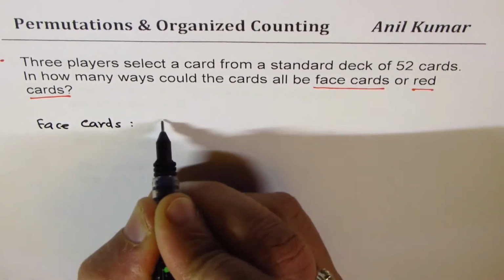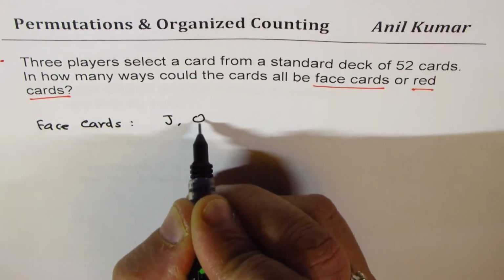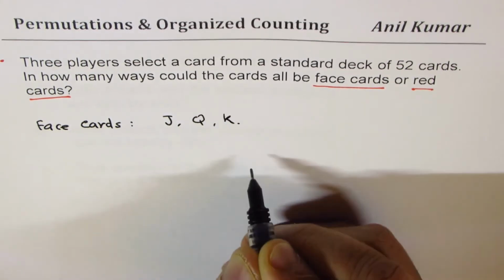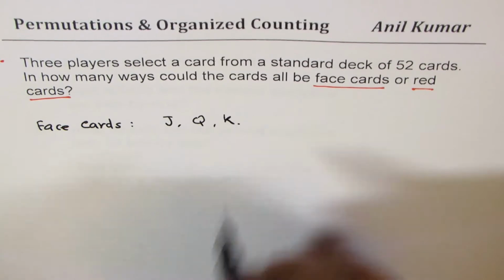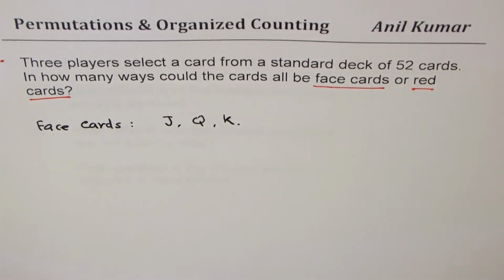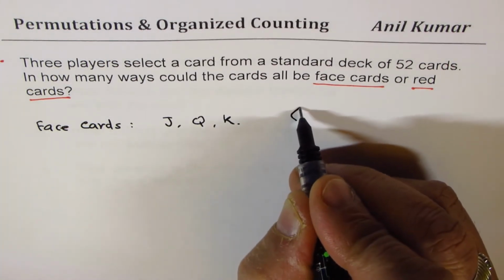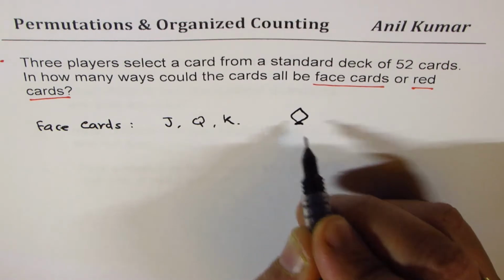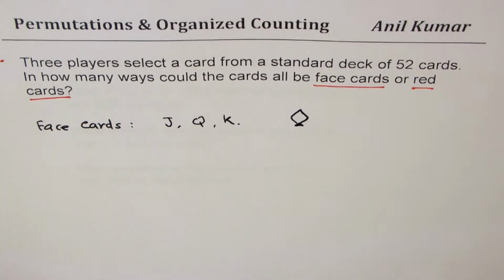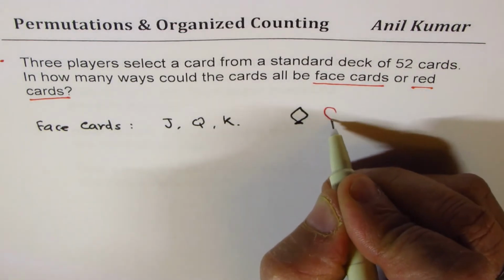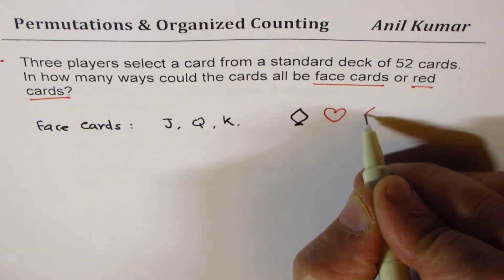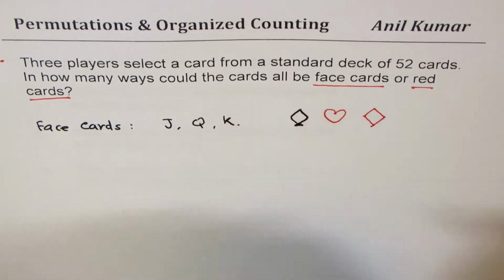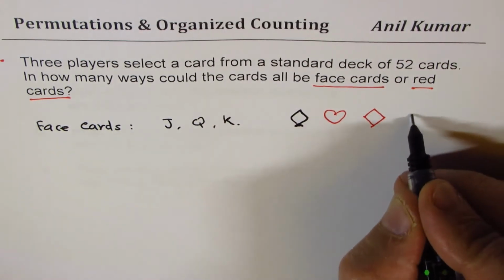Face cards means jack, queen, and king, and then we have 4 suits: spades, hearts, which is red, diamonds, also red, and clubs.